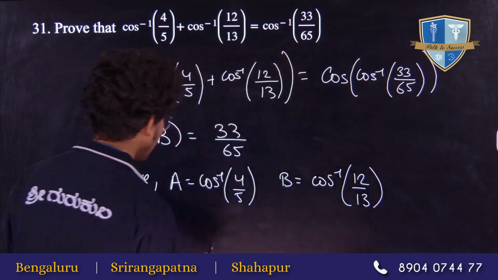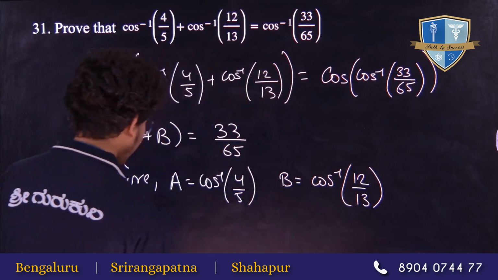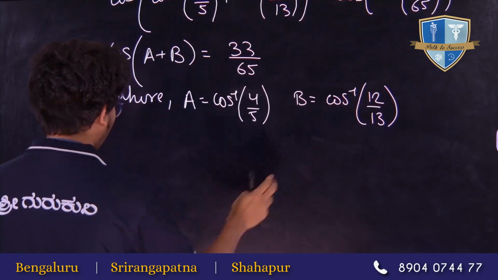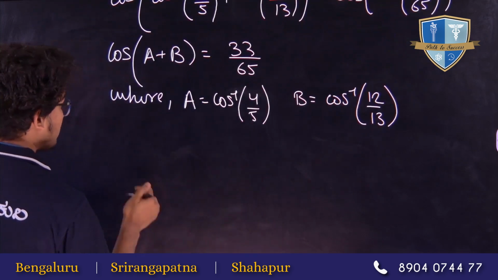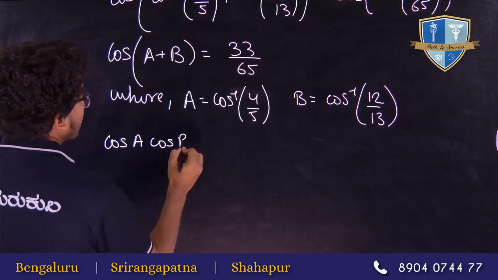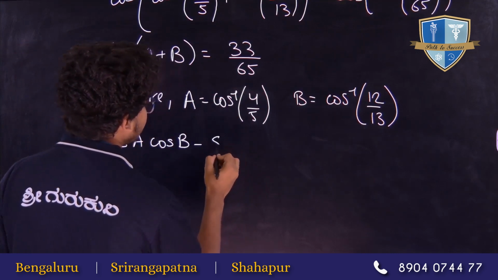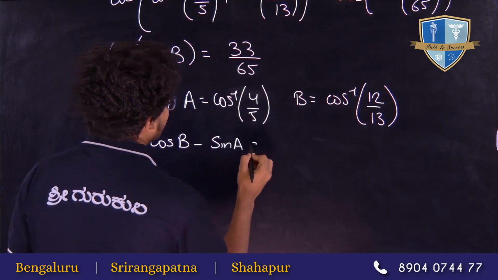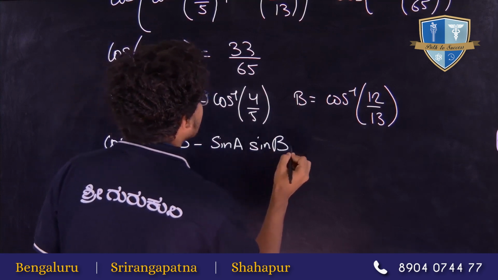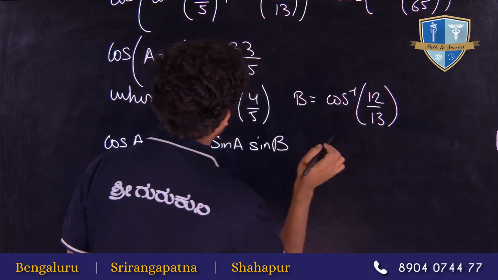So if you know cos, you can find in terms of sin as well. First, let's apply the formula. Cos of A plus B is equal to cos A cos B minus sin A sin B is equal to 33 by 65. So let's take the LHS from here.